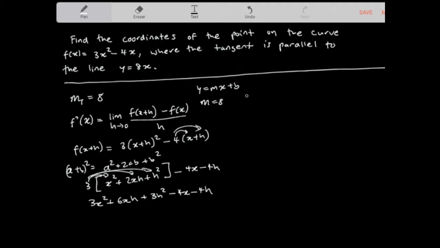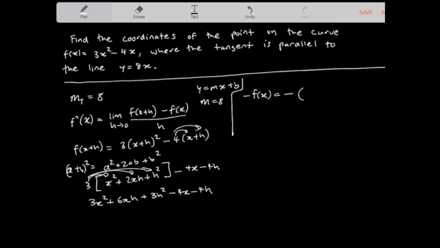Now we also have negative f of x, right? So for negative f of x, I'm just going to kind of create a divide here. For negative f of x, we're going to apply the negative to the outside of the function f of x, so we get 3x squared minus 4x, right? If I apply the negative, pretend there's like a negative 1, and you're distributing that negative 1, you're multiplying it out to the inner terms.